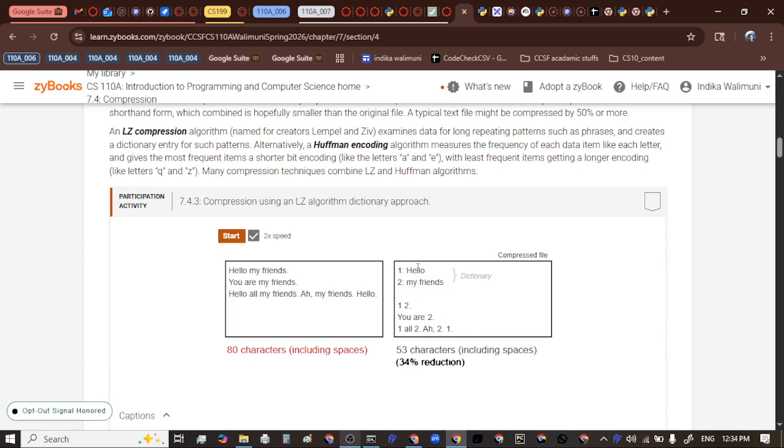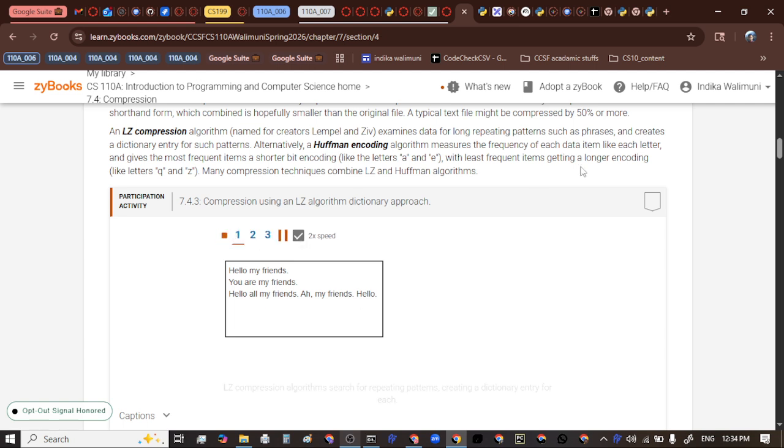Hello is represented by 1, and my friends is represented by 2. You see this colon, and in fact in Python that's the notation we use to represent the key-value pairs of a dictionary. Given this dictionary, I can write this whole phrase like this.